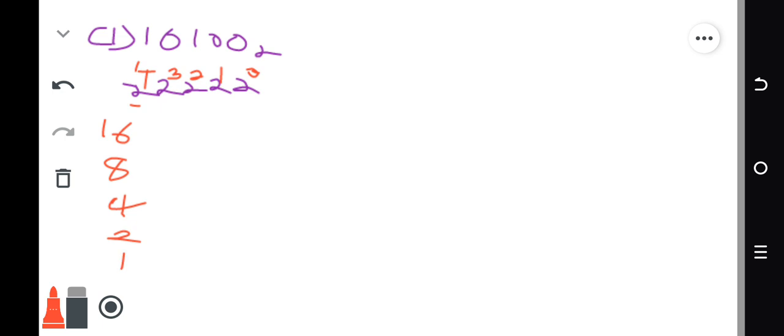Now what do we do? We then multiply the base 2 digits by these values we have. So starting from this, 16 times 1, then 8 times 0, then 4 times 1, then 2 times 0, then 1 times 0.